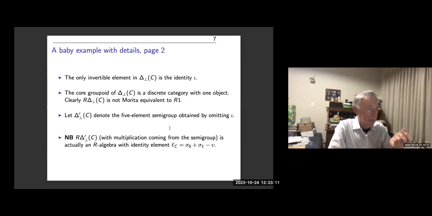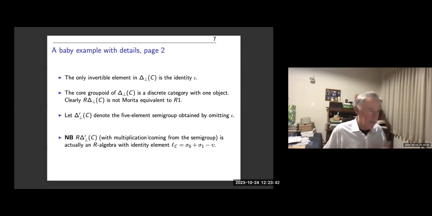But of course, it has identity because in this case we're starting with a monoid, which has an identity. But if you leave out the identity, that's what I'm calling delta prime. Just by leaving out the identity, it turns out when you linearize, there still is an identity, but it's not the identity of C. And it's this particular combination of sigma naught plus sigma 1 minus epsilon.